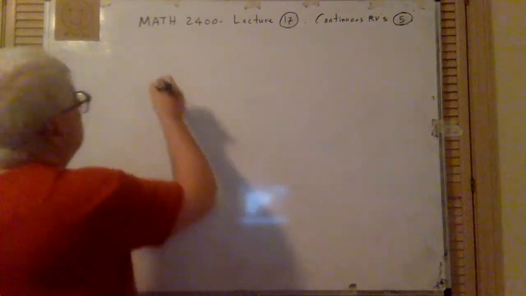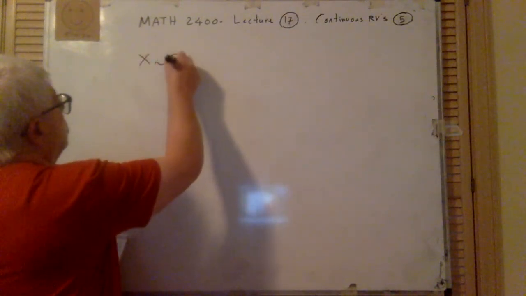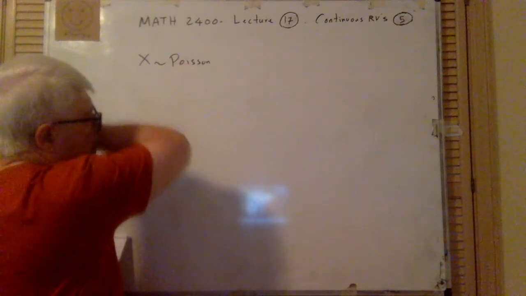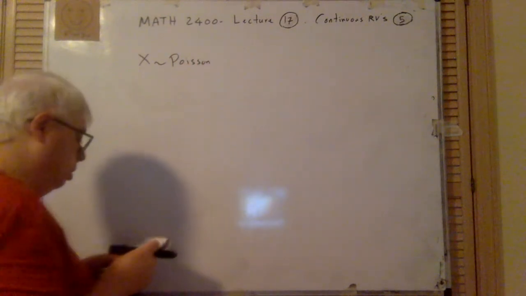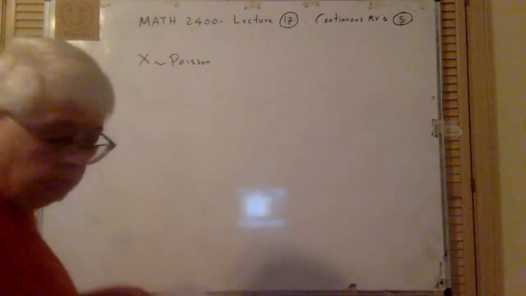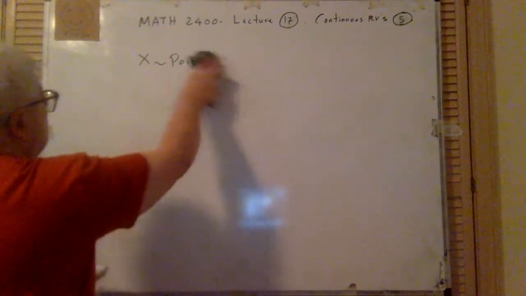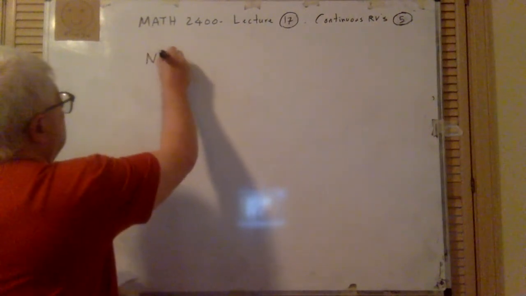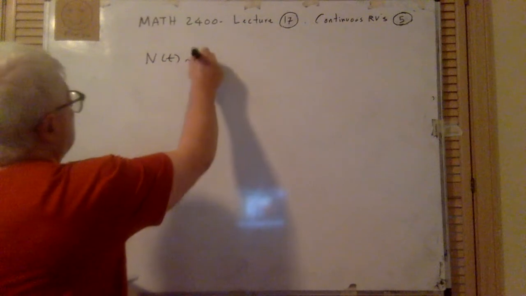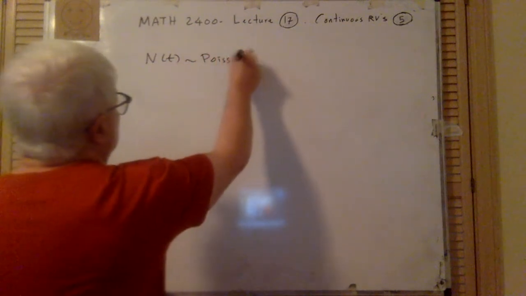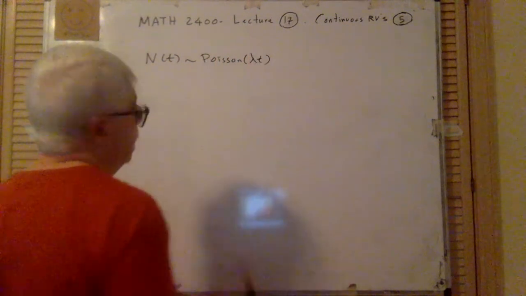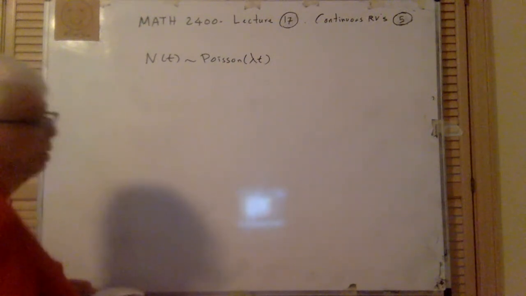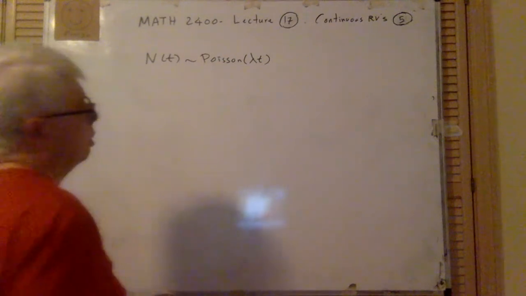It was that if N(t) is Poisson lambda t. Remember, lambda was the rate. And since we are dealing with time interval 0 to t, the rate will be lambda t.